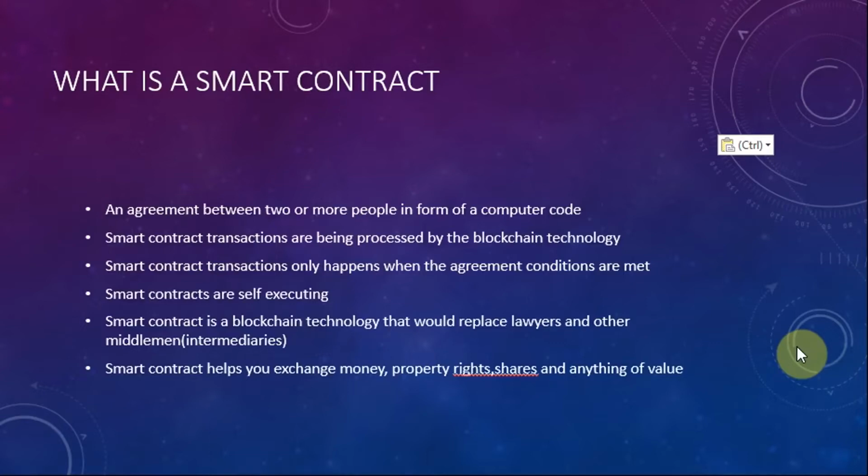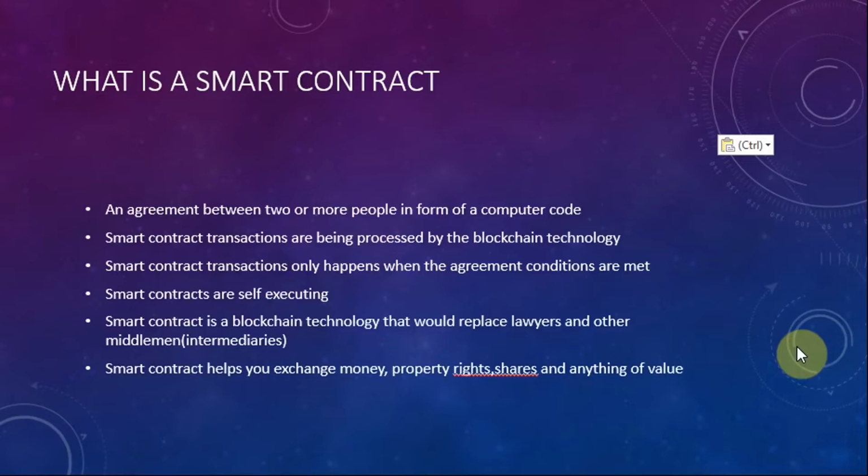Imagine a smart contract where people can vote with a kind of token, where you own a token, and with just that one token, you could vote for your candidate, and the smart contract counts all the votes in real time, and then you get to see who is the winner. That way it makes the voting process transparent. There are numerous examples of smart contracts, but this is just a simple example.